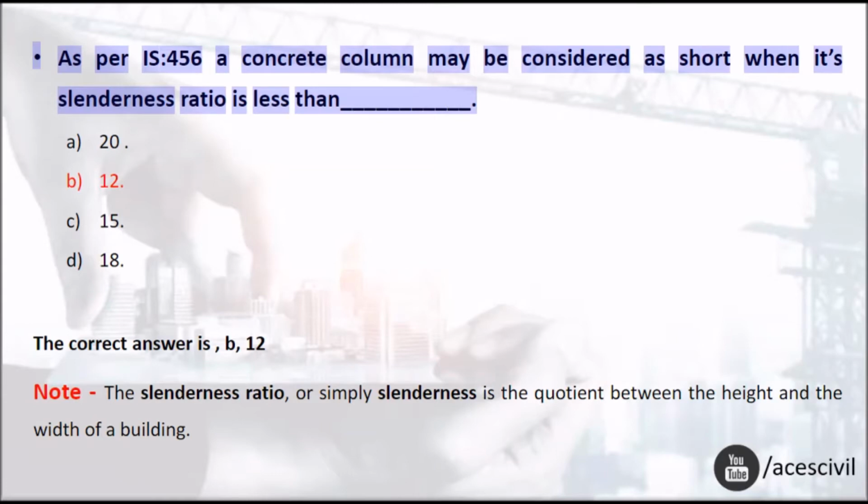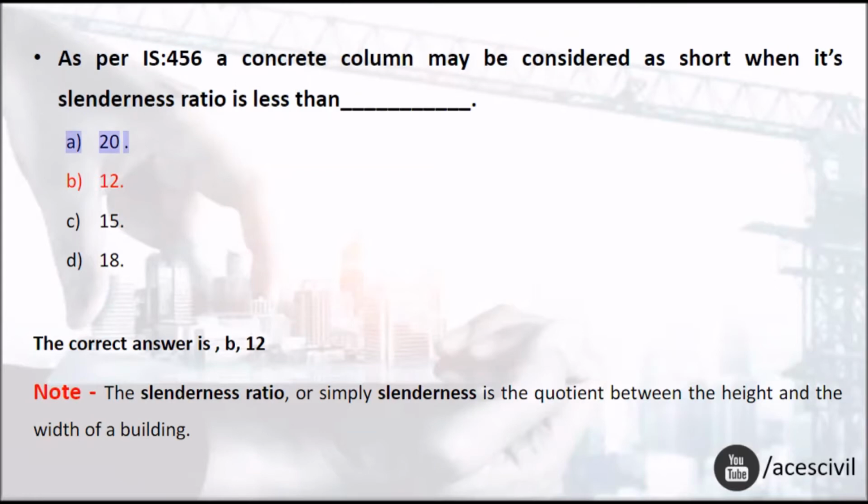As per IS 456, a concrete column may be considered as short when its slenderness ratio is less than A. 20. B. 12. C. 15.